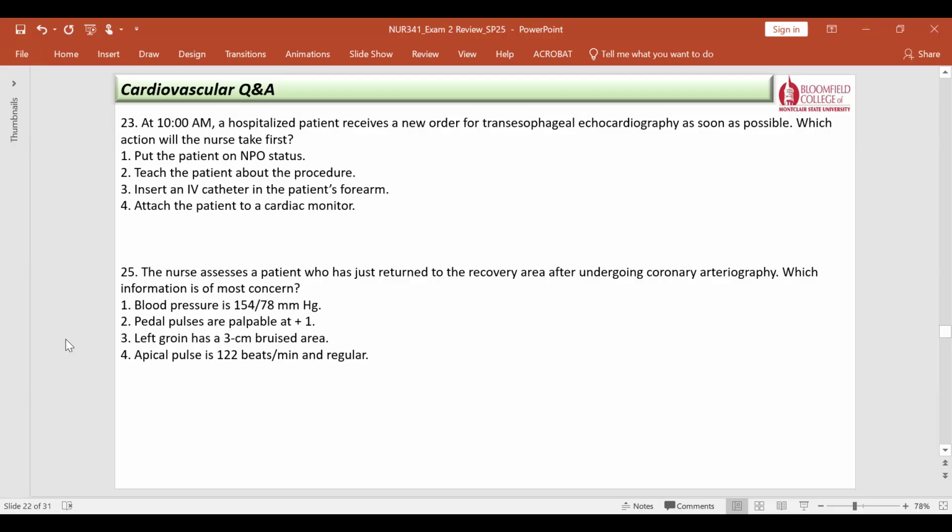Given all four answers, we have blood pressure 154/78, pedal pulses palpable +1, left groin.